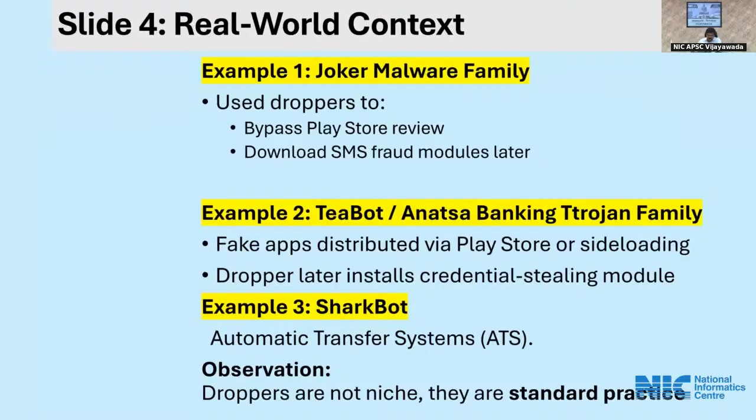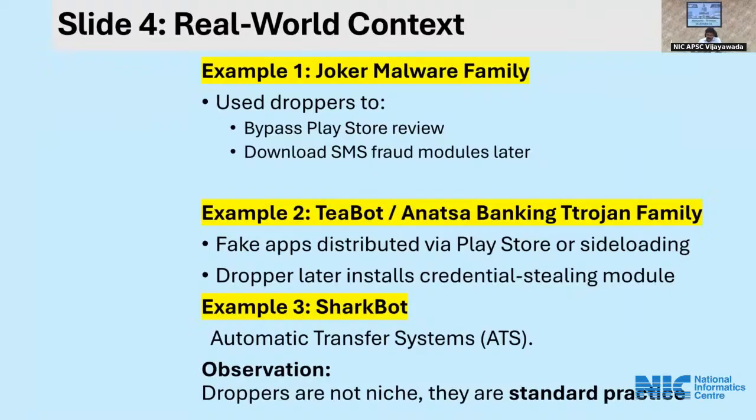After installation, the dropper does nothing immediately. It will behave just like a normal app and do what it was intended to do. It waits. Then, depending on the variant, it has several variants, right?